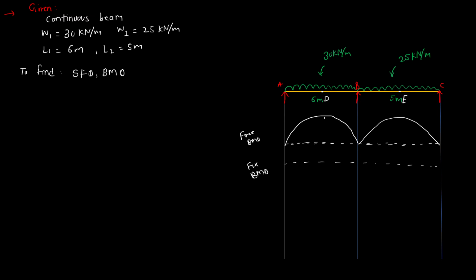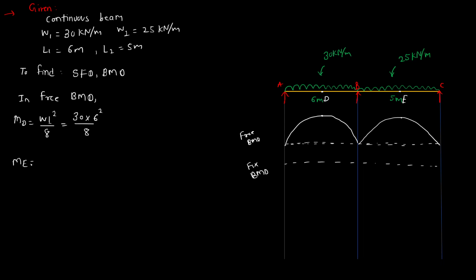So now how to find out the height of the parabola? So we'll write here in free bending moment diagram, moment at point D is equal to, so height for parabola is WL square by 8, so it is 30 into 6 square by 8.